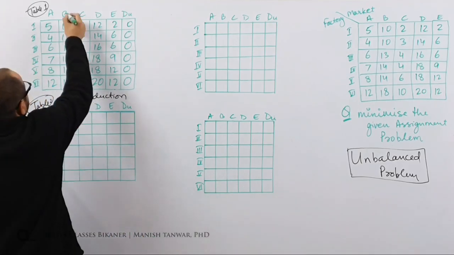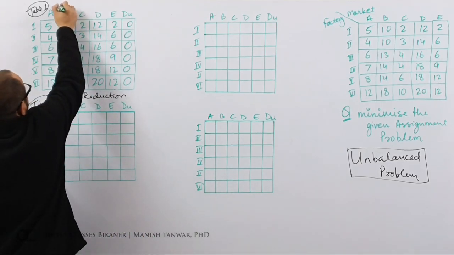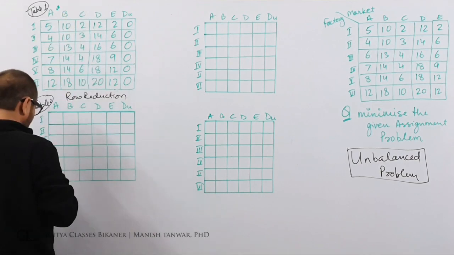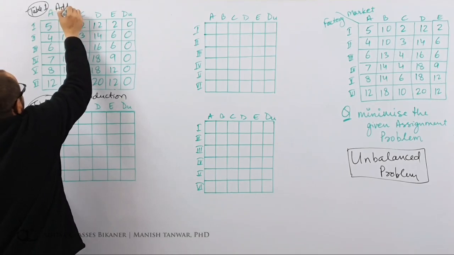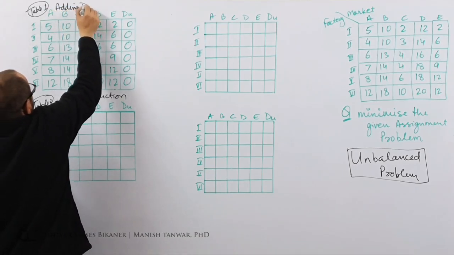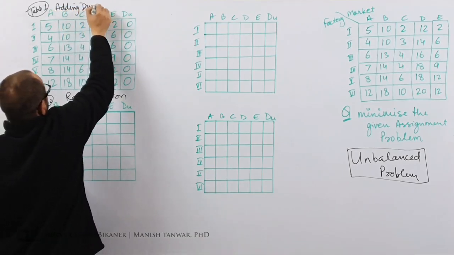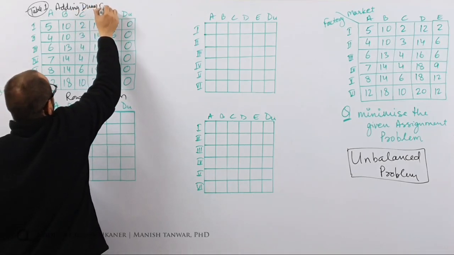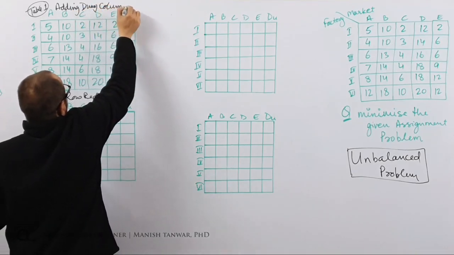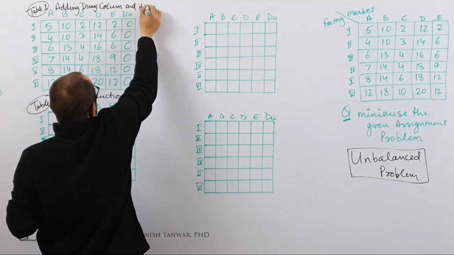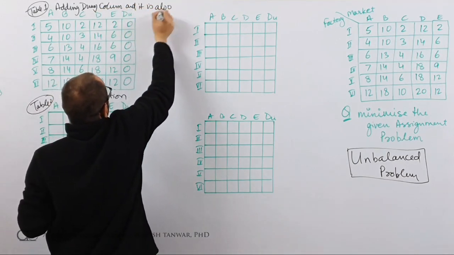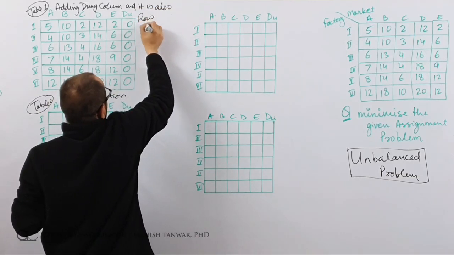This is table 1 and you can call it adding dummy column, and it is also row reduced.